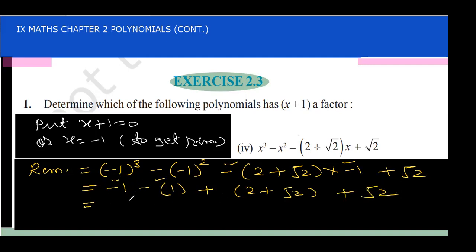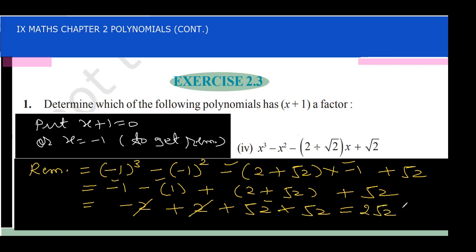Minus 1 and minus 1, that is minus 2, open the bracket, 2 plus root 2 plus root 2. Again, minus 2 and plus 2 cancel, but root 2 plus root 2 does not cancel, that is twice of root 2, which is not equal to 0.